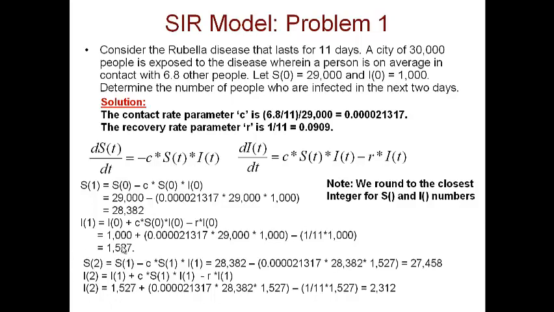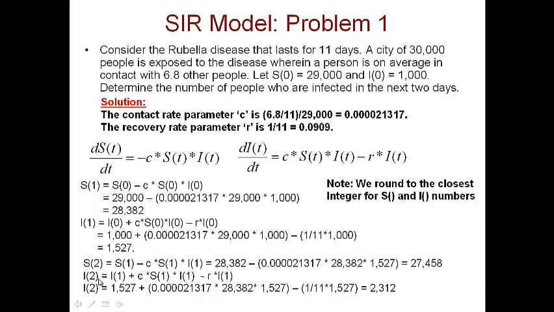Now S of 2 is S of 1 minus C times S of 1 times I of 1. Plug in the values: S of 1 is 28,382 minus C times S of 1 times I of 1, and you get 27,458 as S of 2.